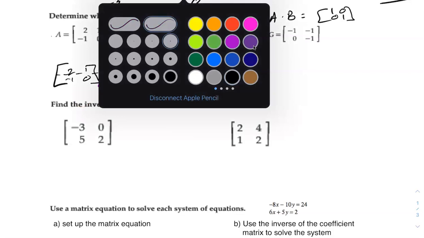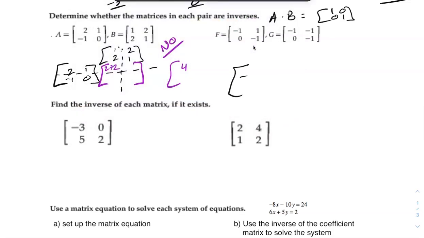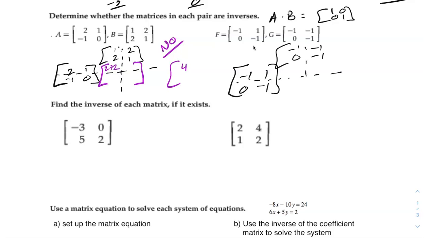So let's multiply those two. A little sloppier, but still same concept. So we're going to do the first one here. Row 1, column 1. So -1 times -1 is 1. Plus 0 times 1 is 0. So far looking good. The one right here, right? Row 1, column 2.